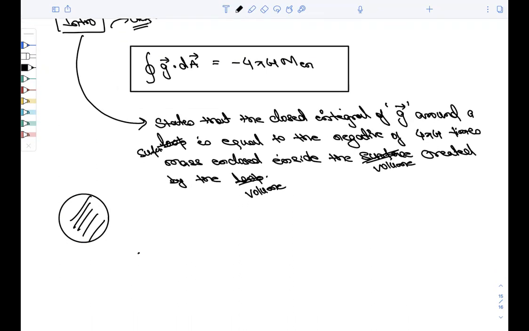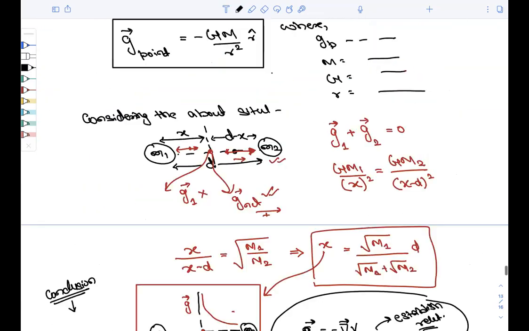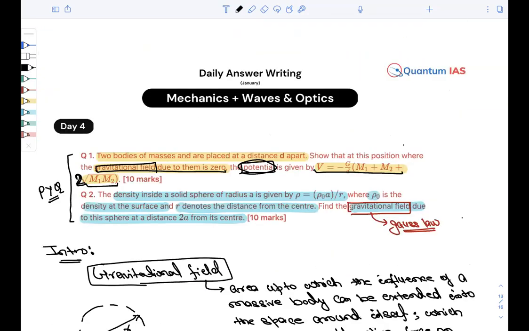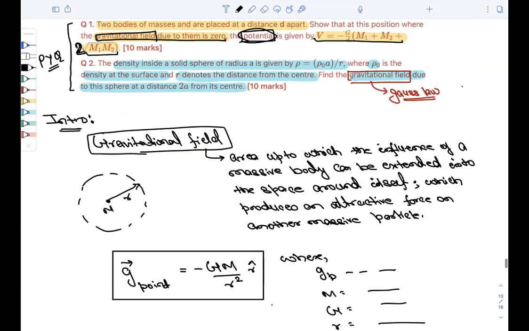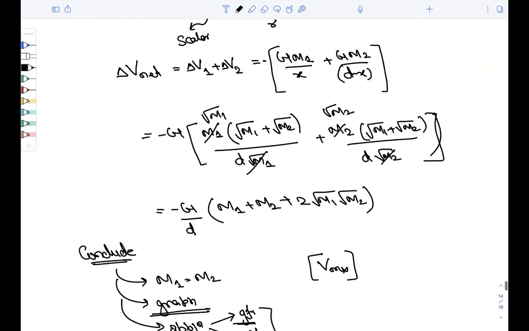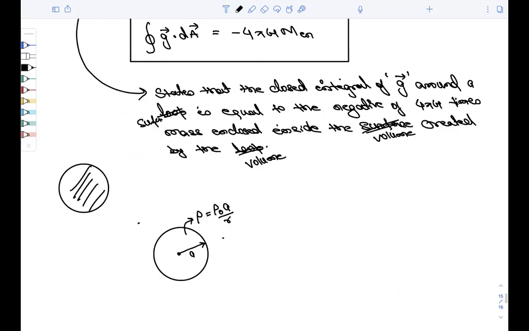Now in the question it is given that a spherical body is there, right? With a given radius, and rho is given as rho naught a by r. We need to find the gravitational field at a point 2a.